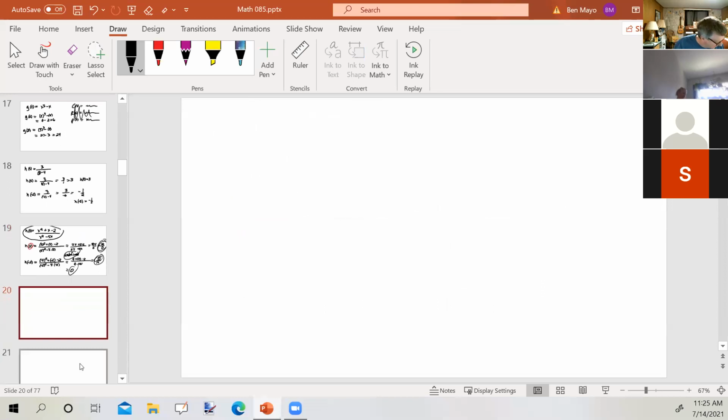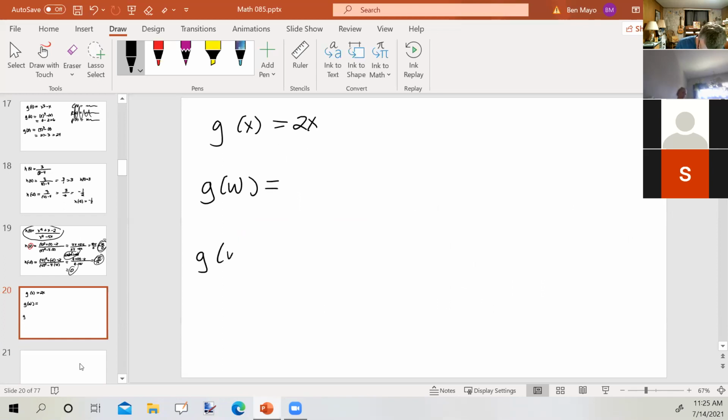Okay. Now, let's say g of x equals 2x. They want us to find g of w and then g of w plus 1. All right. Now, don't overthink this. Let's say I wanted to find g of 3. What would I do? I would put 3 in the place of x on the right side of the equal sign, right?